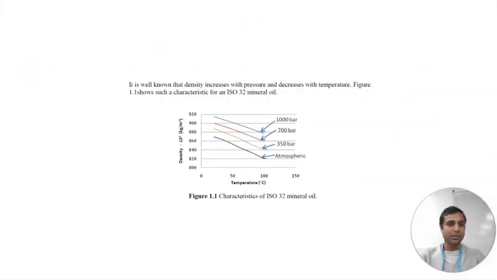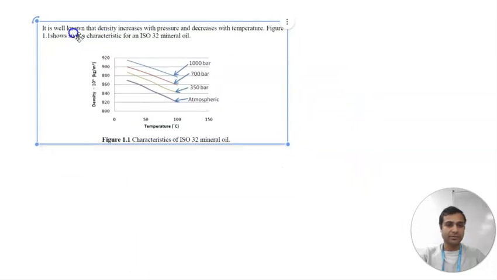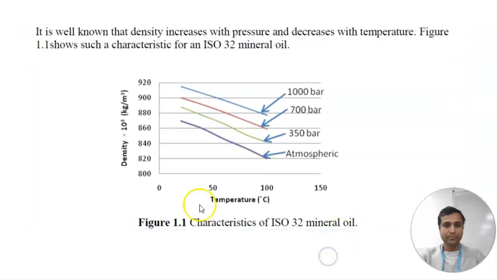Okay, now the next one, let me just zoom it for you. Now we know that the density of anything, a fluid, will increase with pressure, because when you compress, the molecules are closer to each other, hence the density increases. But if you increase the temperature, the density will decrease. So now they are showing you different mineral oils at different densities.